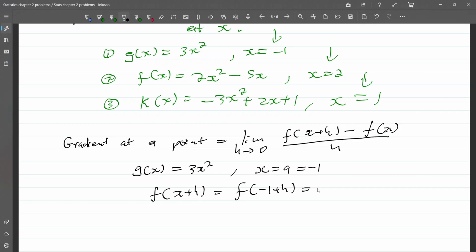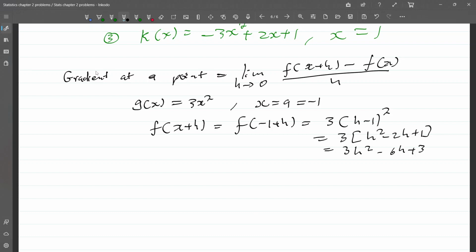When you substitute, you get 3 times (h minus 1) squared, which is 3 times (h squared minus 2h plus 1), which is just 3h squared minus 6h plus 3. Then f of x, which is f of -1, is 3 times (-1) squared, which is just 3.